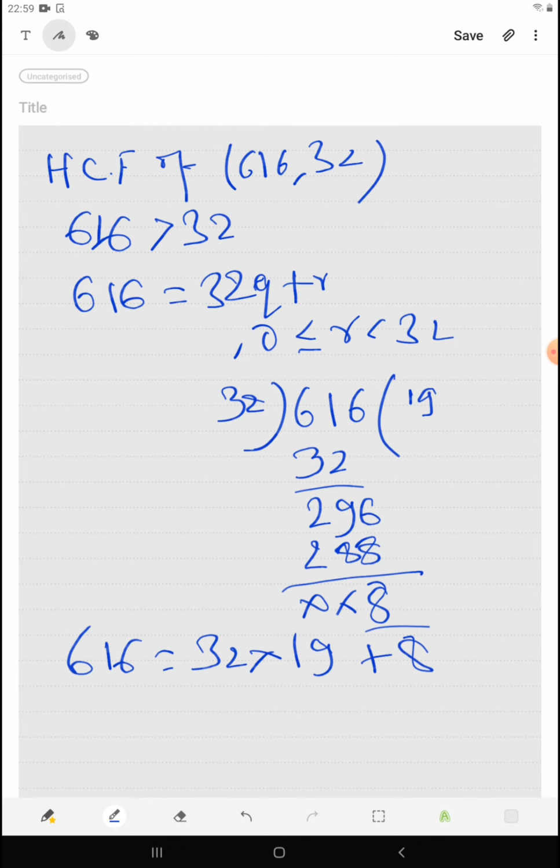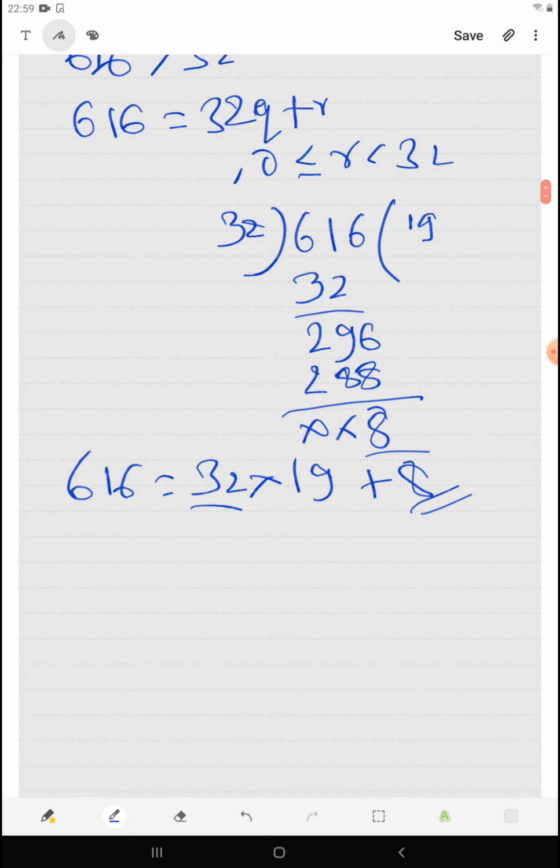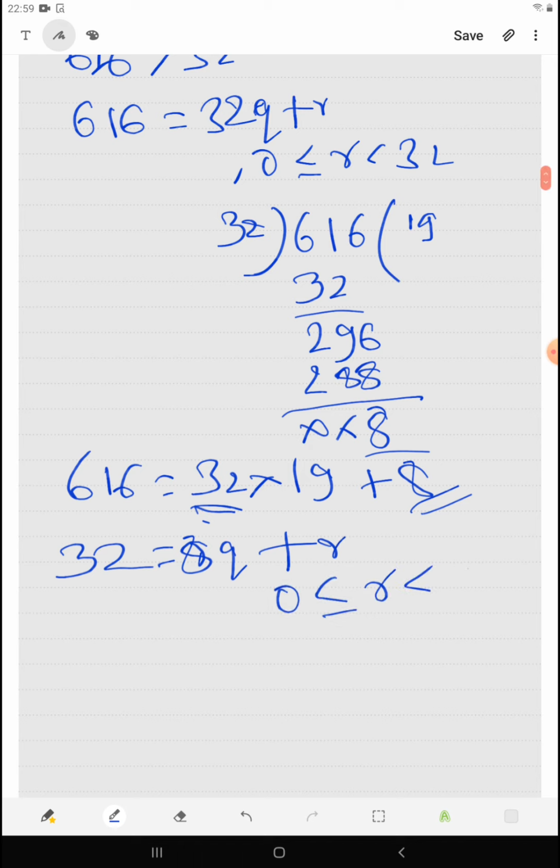Here you see the remainder is not 0, so we need to represent the previous divisor in the form of 8q plus r, as per Euclid's division lemma, where 0 is less than or equal to r, which is less than 8. So now we divide 32 by 8. 8 times 4 is 32.